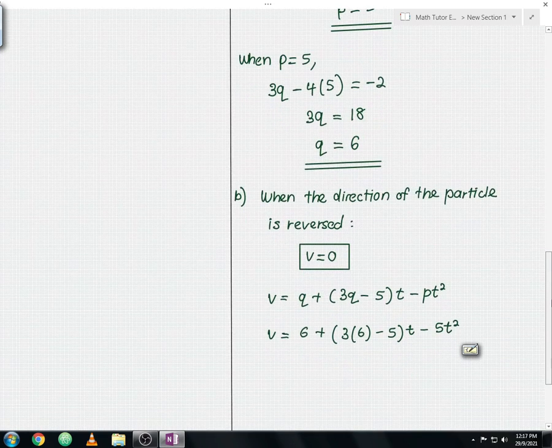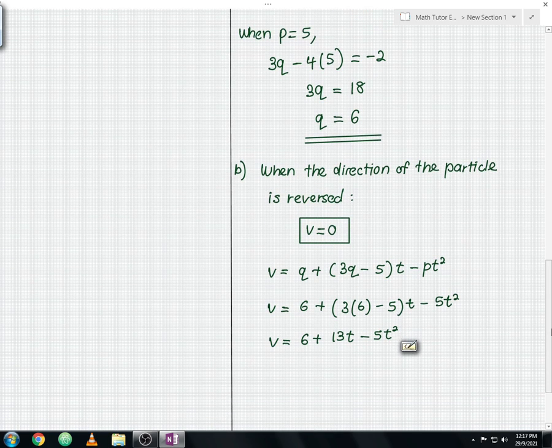Okay, so from here v will be equal to 6 plus 13 t minus 5 t squared. Okay, so since we have the velocity equation, now we can set this equal to 0.